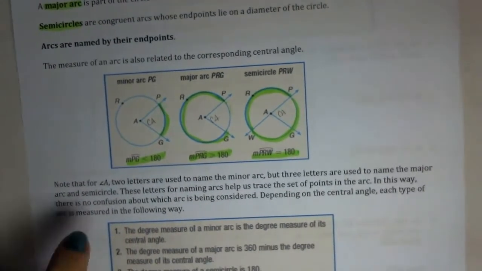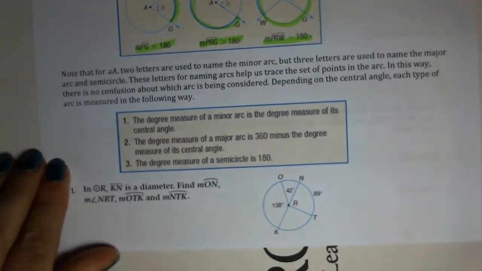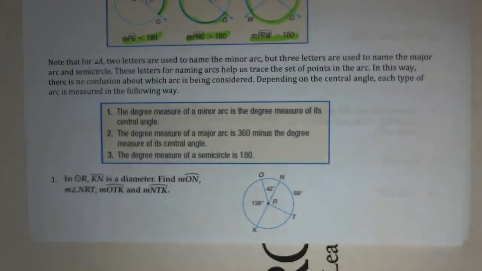This diagram is going to be very helpful, I think. Note that for angle A, two letters are used to name the minor arc, but three letters are used to name the major arc and semicircle. These letters for naming arcs help us trace the set of points in the arc. In this way, there is no confusion about which arc is being considered.